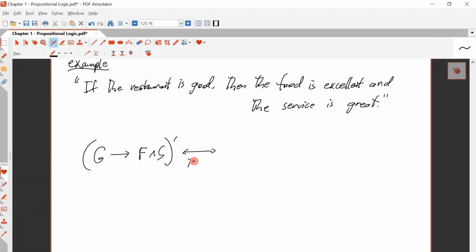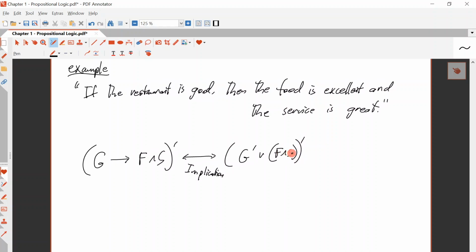And now you want to distribute that not through the statement, simplifying that statement. So by the implication tautology, this is G not or F and S. And now I'm going to need parentheses here, because or doesn't take precedence over the and. Now I'm going to use De Morgan and double negation.